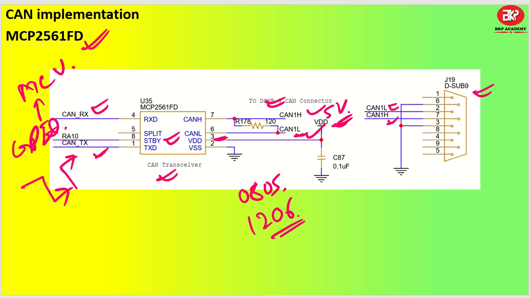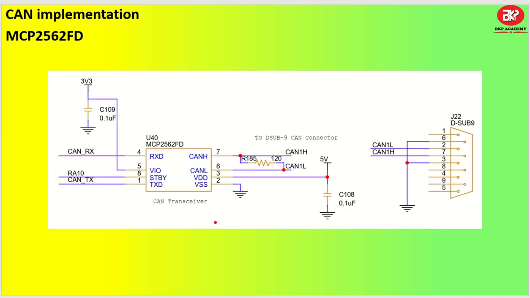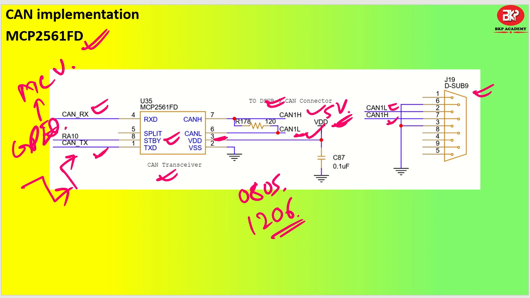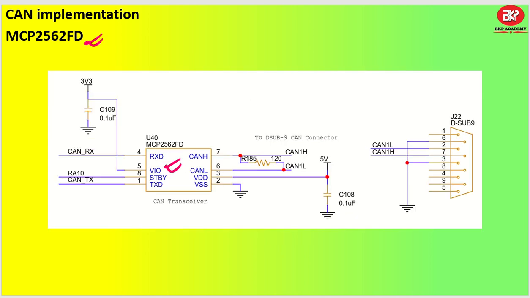One more thing you can choose is, instead of directly connecting to a standby pin, we have another version, which is the 2562. In the 2562 we have an additional pin, which is the VIO pin, instead of the split pin that is kept floating here.